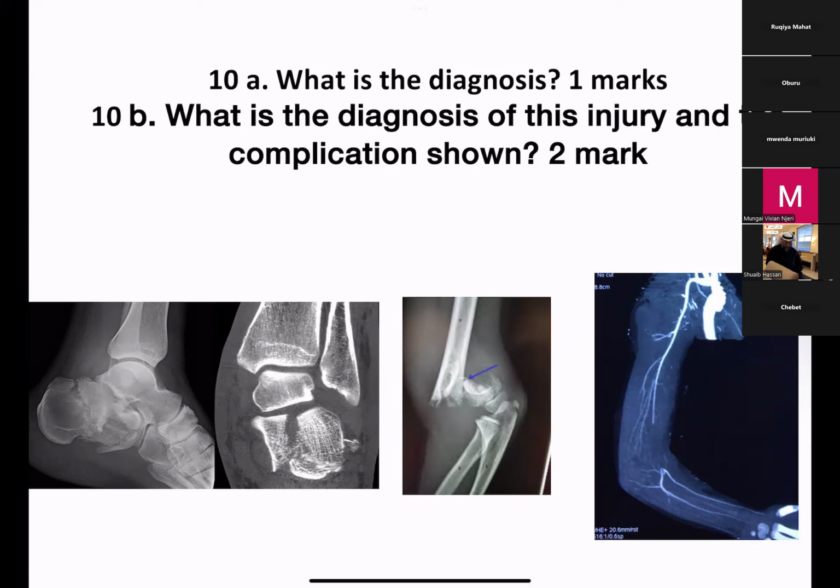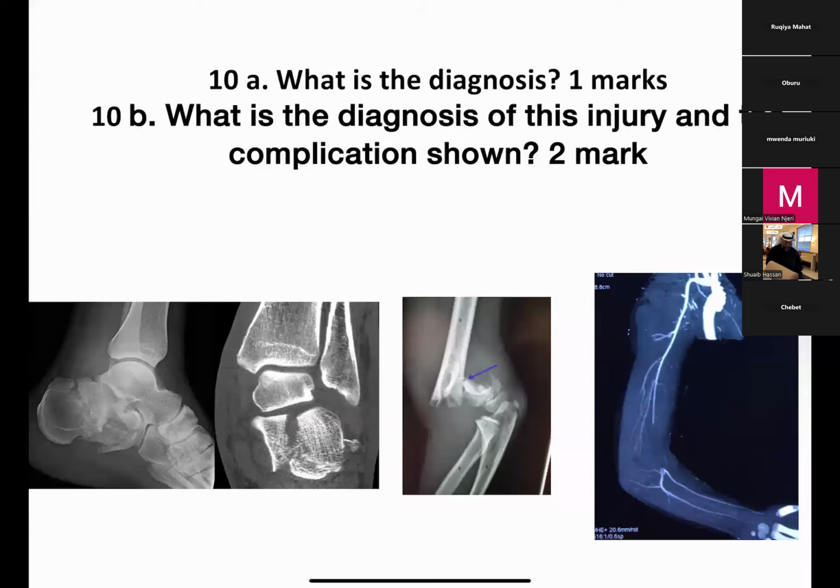You can clearly see here, you don't have to think too much. This is a calcaneus fracture, okay? And you can clearly see the CT scan shows a calcaneus fracture.